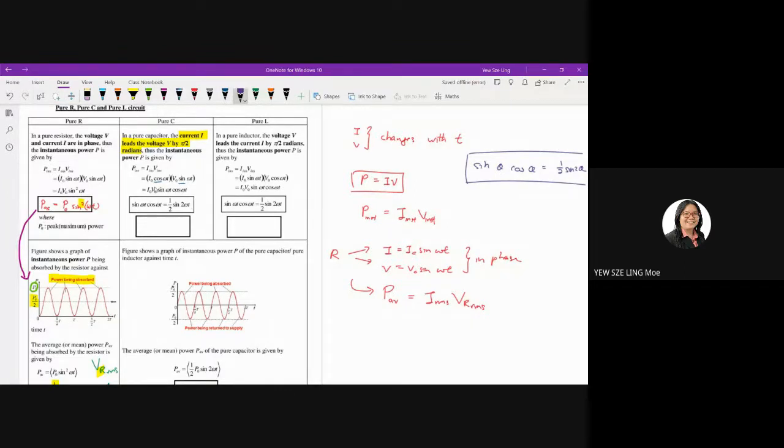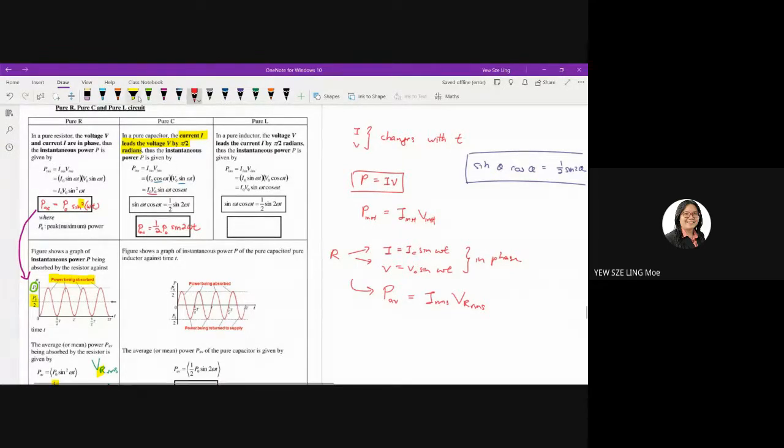From here, we can simplify the equations and obtain P instantaneous equals 1/2 P naught sine 2 omega t, because you keep the I naught V naught here, so it becomes P naught. So that is the instantaneous power in a pure C circuit.